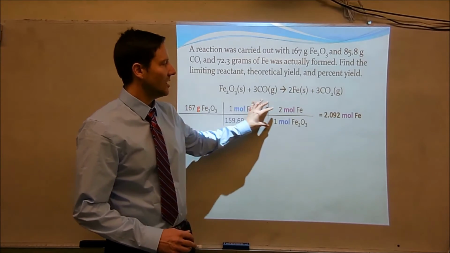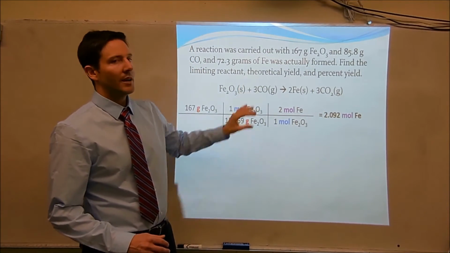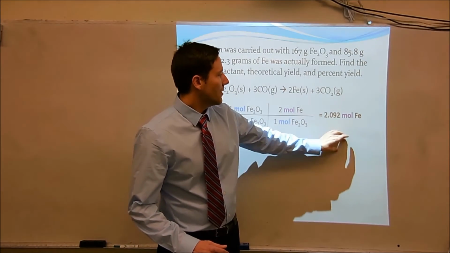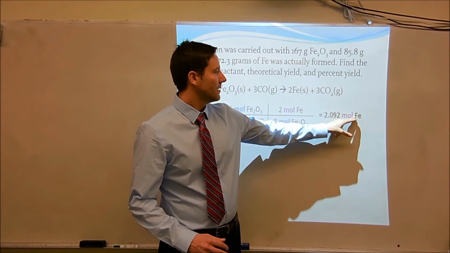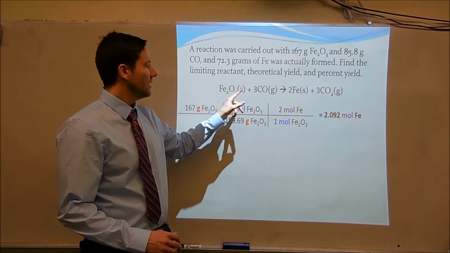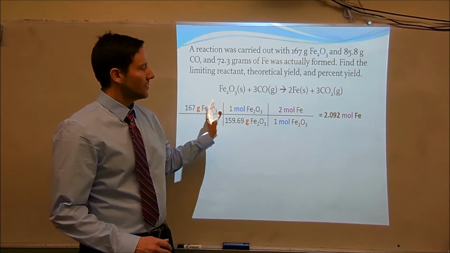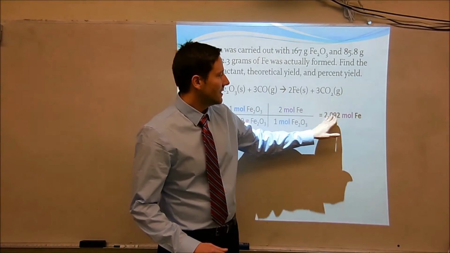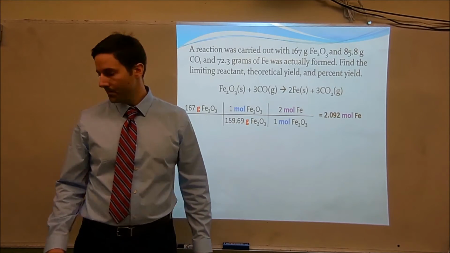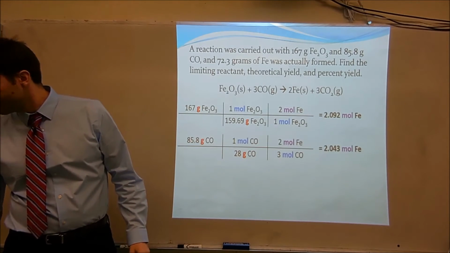Now you have to do the same process with the other reactant. And if the other reactant makes more than this iron, then iron(III) oxide is the limiting reactant. If with carbon monoxide you do this process and it makes less than this number, then carbon monoxide is the limiting reactant. So here you go.